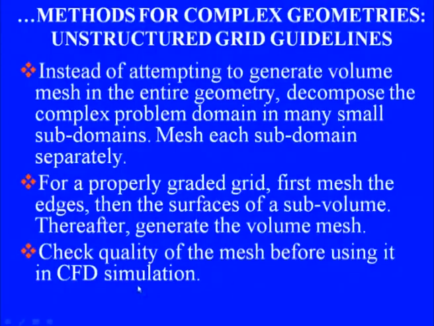And before we proceed further to merge all the subdomain grids, we should check the quality of the mesh in each subdomain, whether it is suitable for the CFD simulation, whether the angles of different elements are within proper ranges or not. Only when we have checked the grid quality in each subdomain should we proceed with merging them.